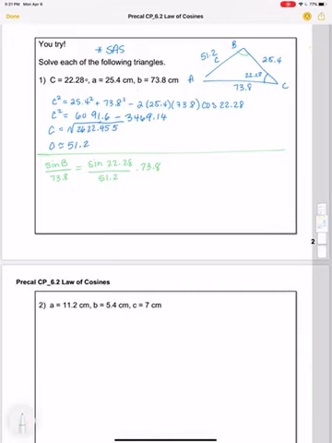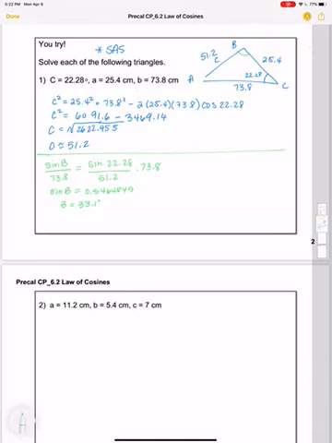So we get 73.8 times the sine of 22.28 divided by 51.2, and you get 0.54648. So sine of B, second sine, second answer. So B equals 33.1 degrees.